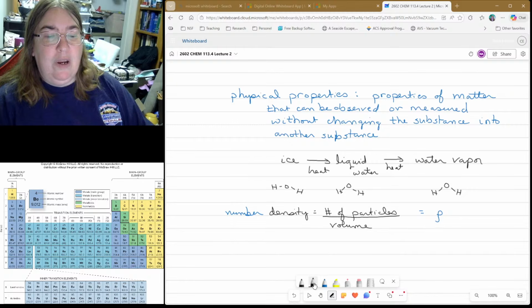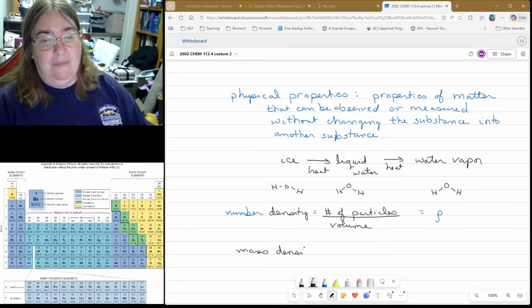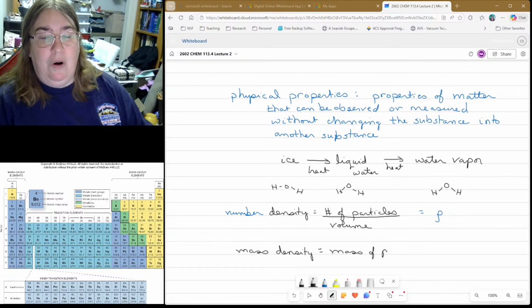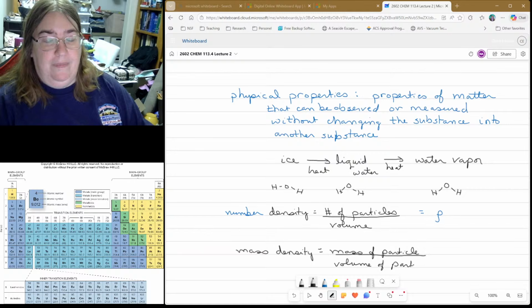The density we are more commonly using in freshman chemistry is mass density. And this is the mass of particles per volume of particles.